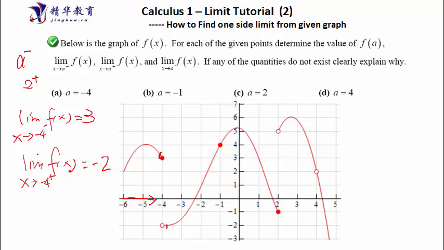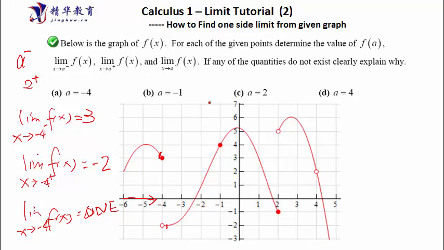If we combine these two, we say the limit does not exist because the left hand side and right hand side disagree with each other. Now we know how to write the notation for left hand side and right hand side. So the limit as x approaches -4 of f(x) does not exist because they are different.